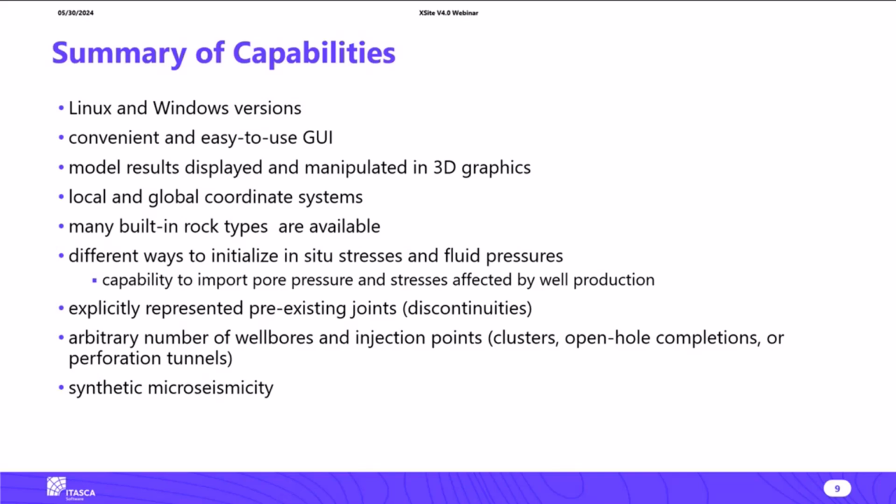This initialization also includes the capability to, besides having a relatively simple constant pressure or pressure or stresses with a gradient, input complex initial flow pressure and stresses from, let's say, other 3D continuum codes. That might allow us to import initial conditions which are affected by previous well production, like in modeling parent-child wells.